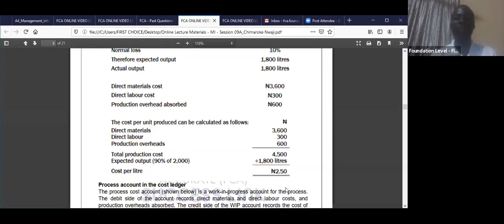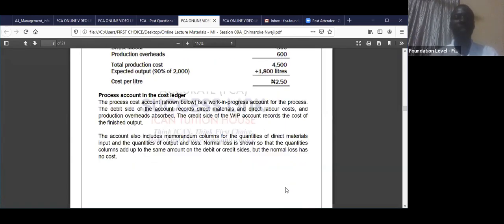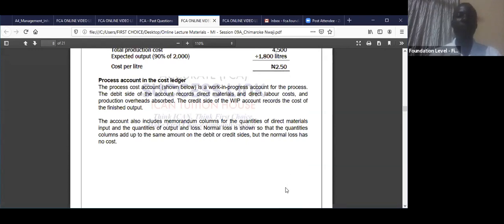Now look at how the process account in the cost ledger will look. The process cost account shown below is a work in progress account for the process. The debit side of the account records direct material, direct labor and production overhead, all the costs. The credit side records the cost of the finished output.